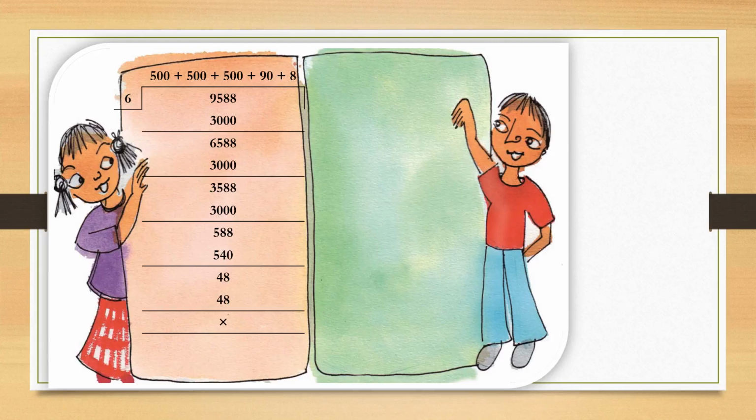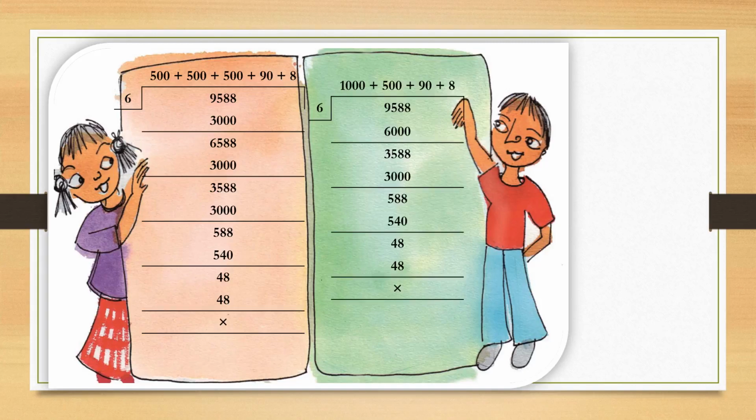Then she thought of giving rupees 90 every month, but she still had rupees 48 with her. So she divided rupees 8 per month, and at last she found out that her mother will pay rupees 1,598 every month.